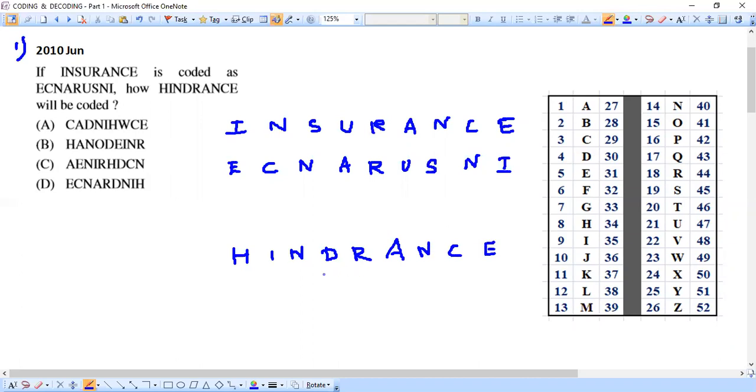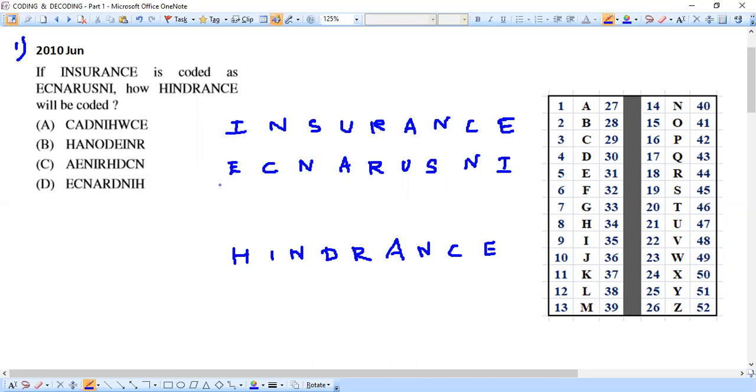This is the question. So as usual, the moment we are given a coding and decoding question, what next do we have to observe? The first thing we need to test is for the coded version, whether they have used the same letters or different letters.